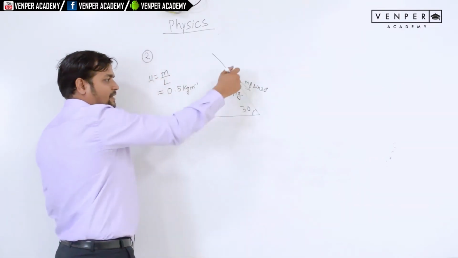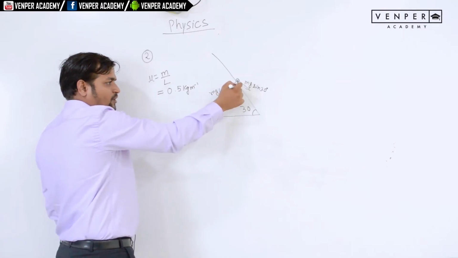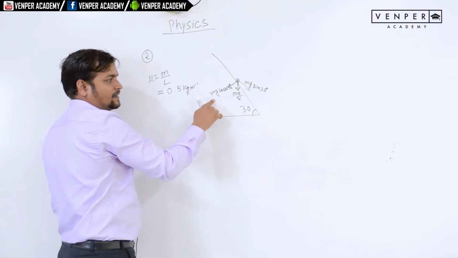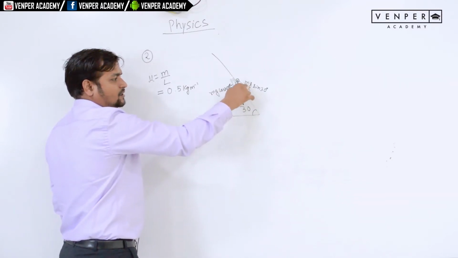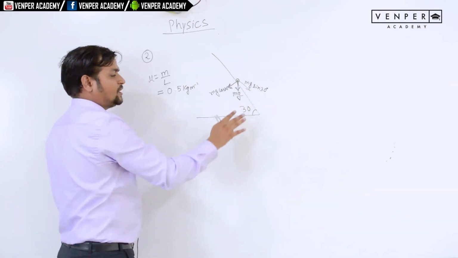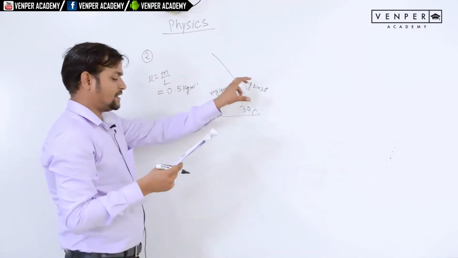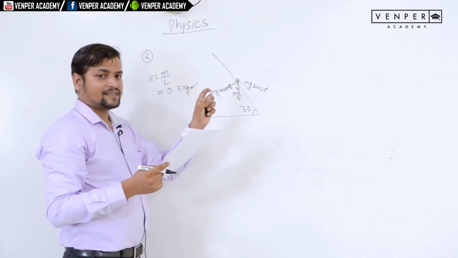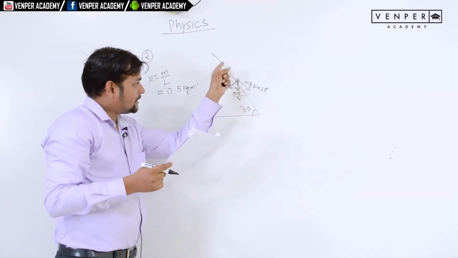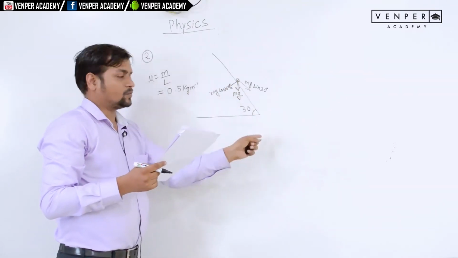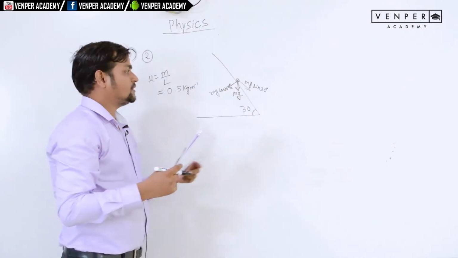One component of this mg is in this direction, mg cos 30, and the other component is mg sin 30. So this conductor has a tendency to come down.